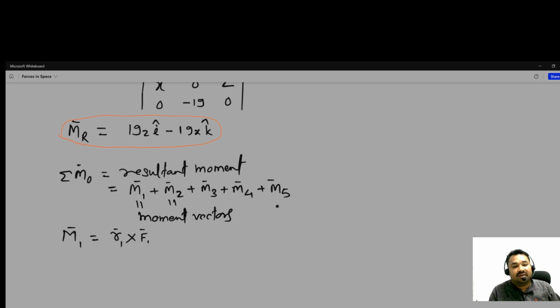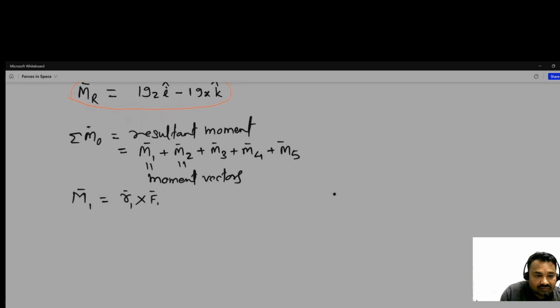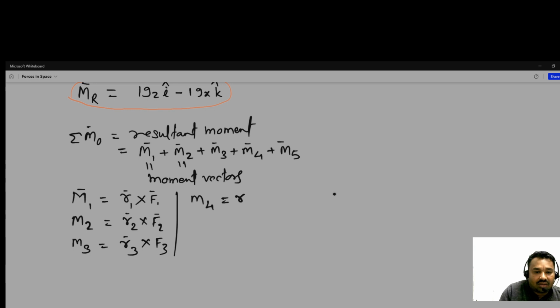Okay, similarly m2 is equal to r2, f2 here, m3 is equal to r3 and f3 here, m4 is equal to r4 and f4 here, M5 is equal to R5 and the cross product of F5.